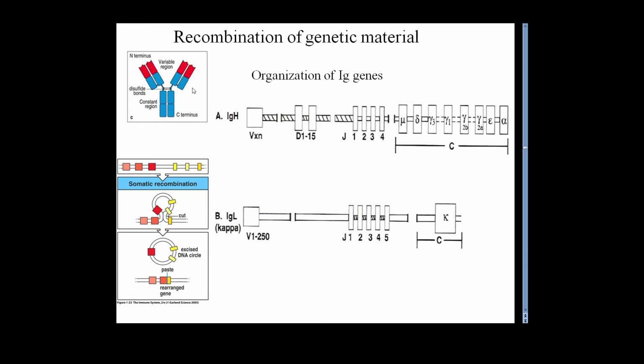Additionally, the constant region also has variants: mu, delta, gamma, different variants of gamma, epsilon and alpha parts. The association of the variable region of the immunoglobulin gene with the constant region leads to forming the gene of the whole molecule of immunoglobulins.